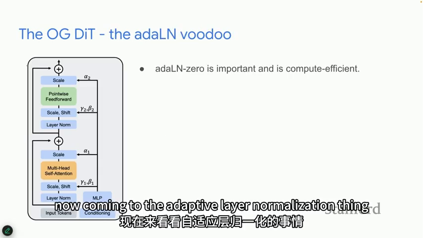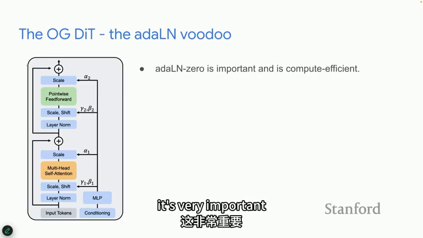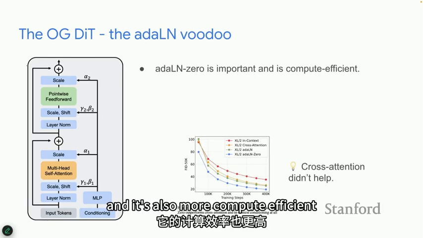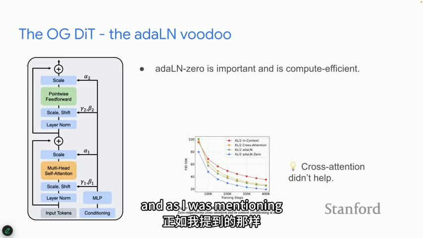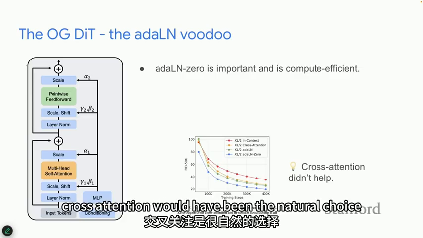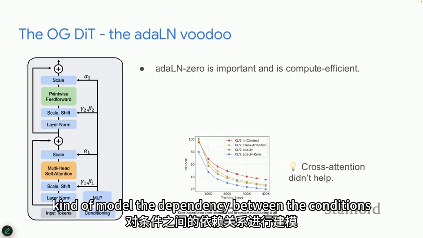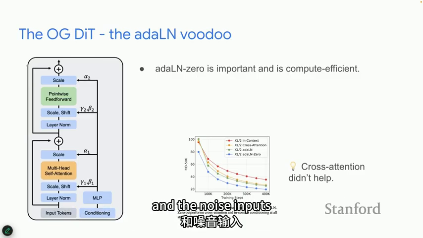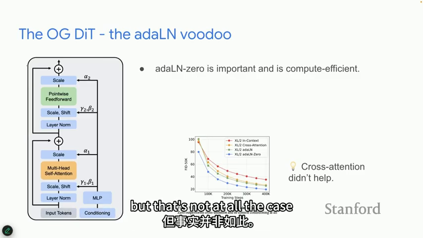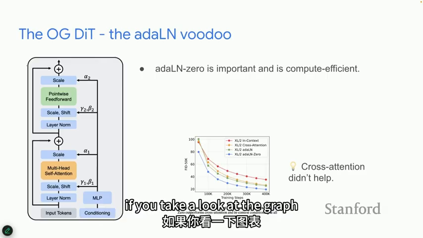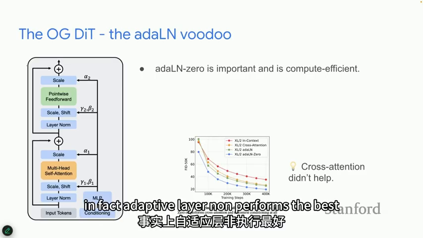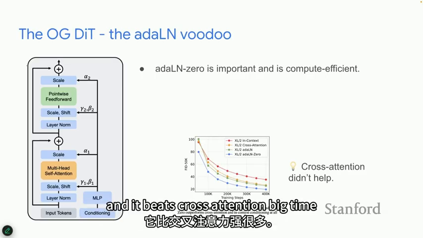Now coming to the adaptive layer normalization thing, it's very important, and it's also more compute efficient. And as I was mentioning, cross attention would have been the natural choice in order to kind of model the dependency between the conditions and the noise inputs, but that's not at all the case if you take a look at the graph. In fact, adaptive layer norm performs the best, and it beats cross attention big time.